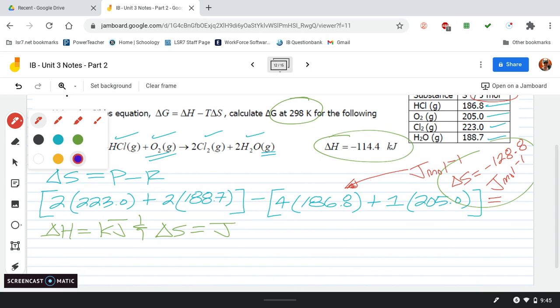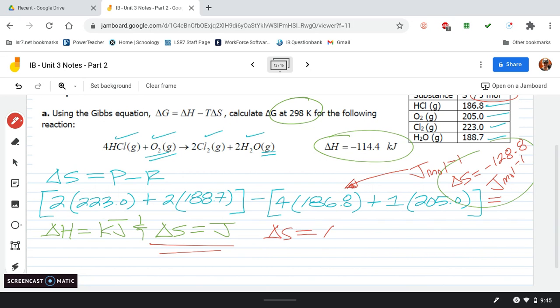What I would do, I always convert these joules into kilojoules. So we're going to take our delta S, which equals negative 128.8 joules. And if you remember your conversion factors, if you want it in kilojoules, you just divide by 1,000.